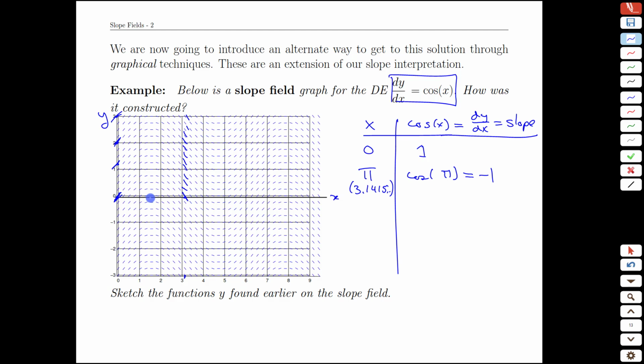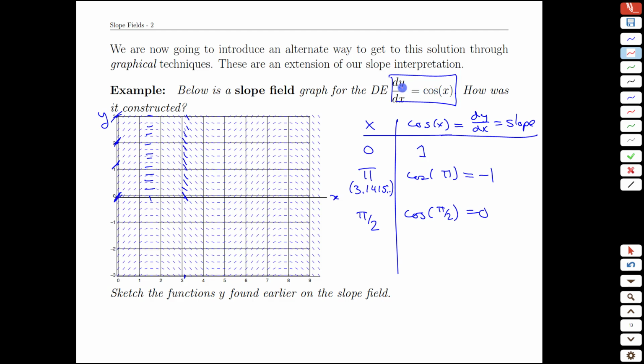And you can see as we pick different values, say pi over 2, cos of pi over 2 is 0, we draw that as a slope of 0. So this construction just uses the formula we were given and treats different x values being subbed in to get response values, but the key thing is those values of cos represent slopes on the graph we're trying to draw.